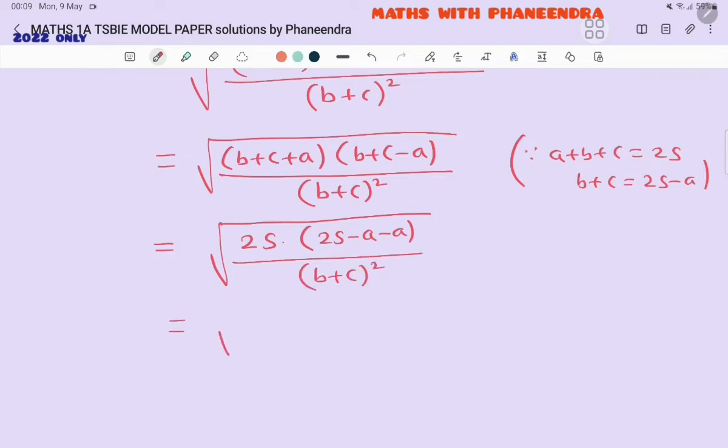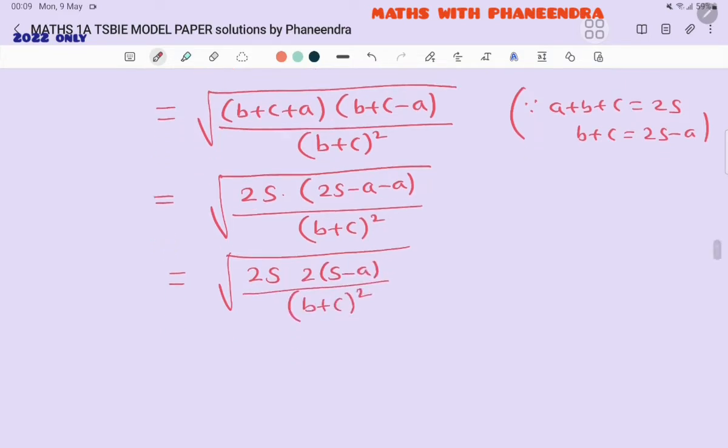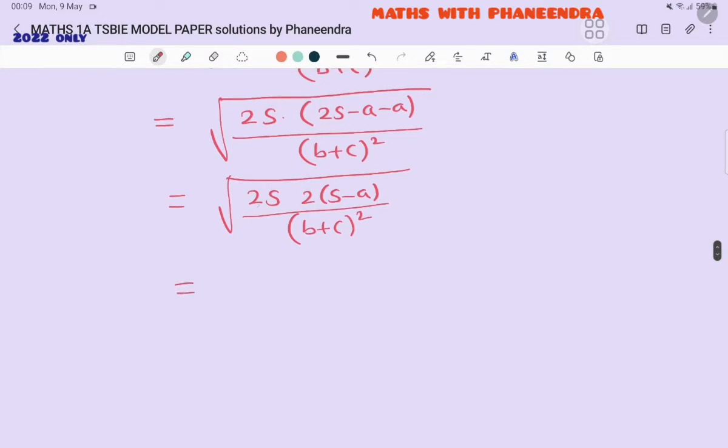Which is equal to root of 2S into 2S minus 2A, 2 taken common, S minus A by B plus C whole square. So the 2 we can take outside: 2 by B plus C, root of S into S minus A.